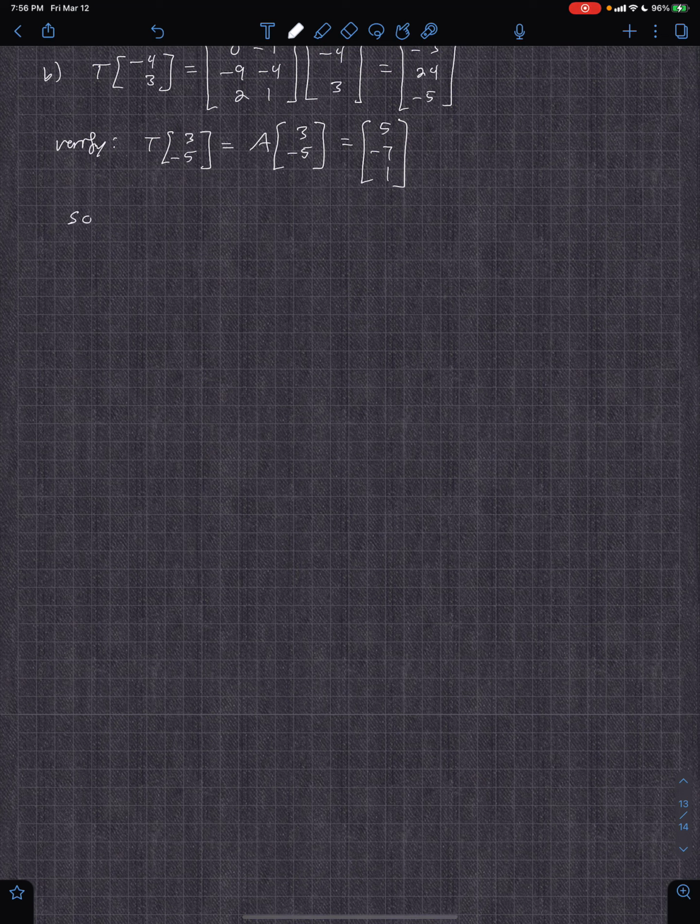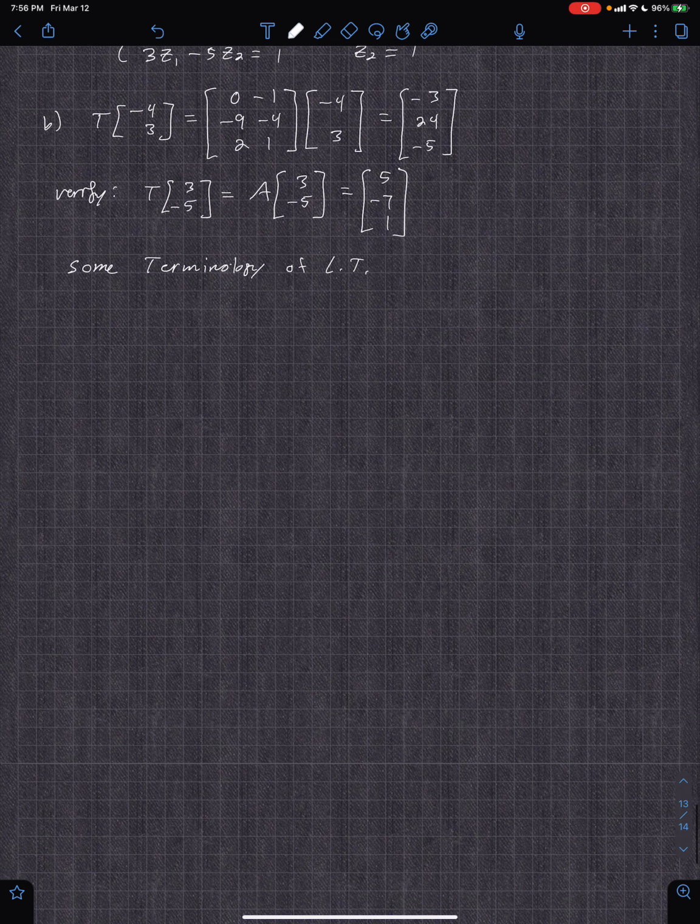Okay, let's finish this up with some terminology of linear transformations. And we will do more of this, like I mentioned earlier or in the other video, in chapter 3 on the more general case of vector spaces. But let's introduce some of this.